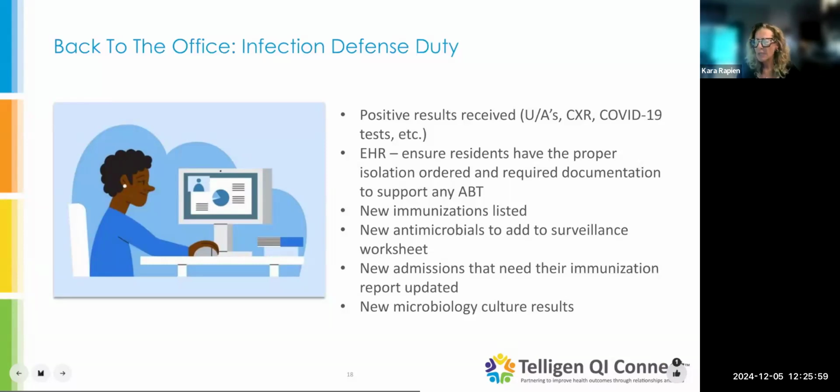And as a side note, I encourage you to use real time when it comes to updating all of your tracking and your surveillance logs on a daily basis. I always told my IPs or my managers to always be ready for public health. Always keep everything current and up to date.